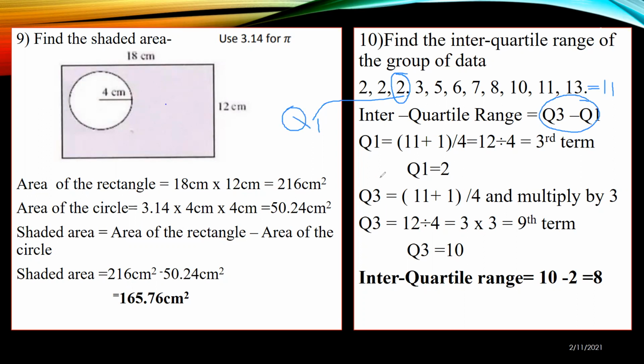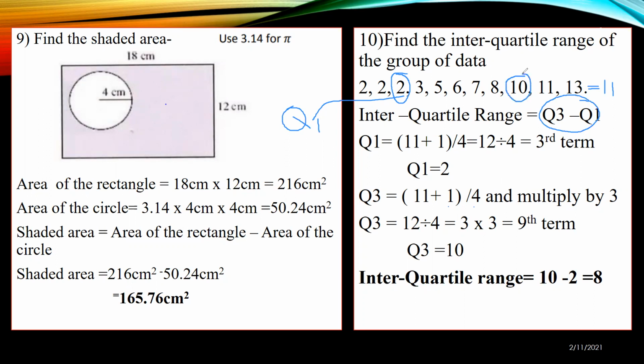Then in a similar way, you can find the Q3. First, 11 plus 1, it's 12. You have to divide by 4 and then multiply by 3. So when you divide by 4, you get 3, then 3 times 3, the 9th term. That means first, second, third, fourth, fifth, sixth, seventh, eighth, and ninth.